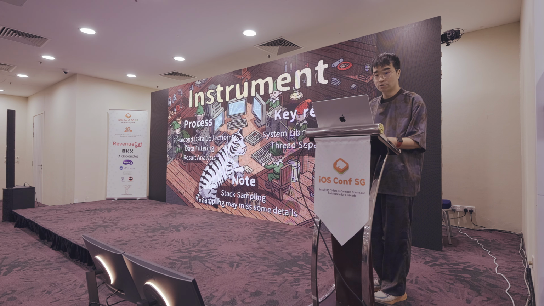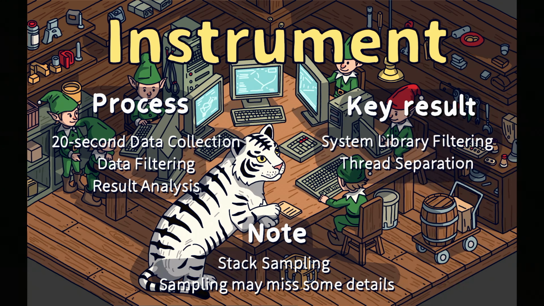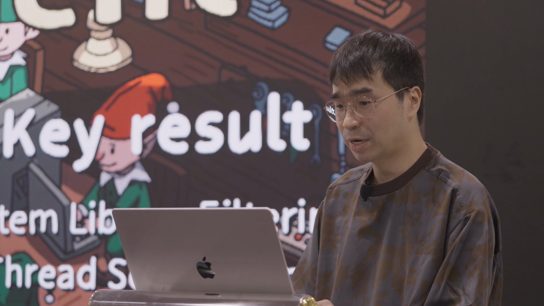We can use Xcode Instruments to analyze launch time. The method is to use the App Launch template in Instruments, collect data for the first second of the app launch, filter the data, and then analyze it, since the launch process calls many system library methods.